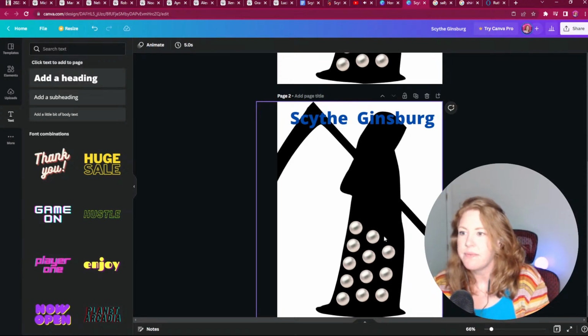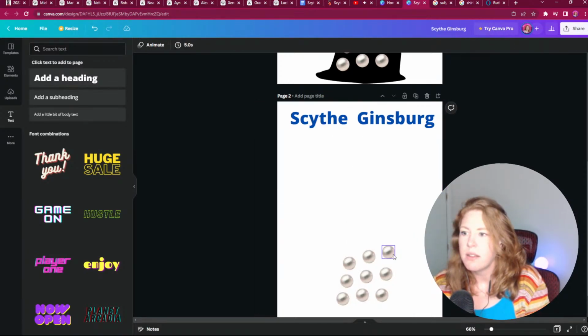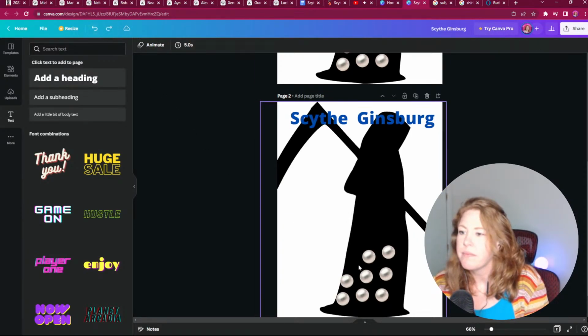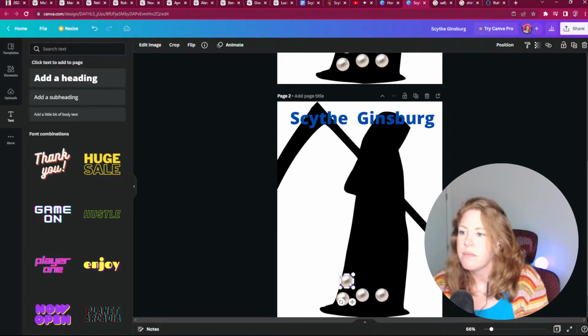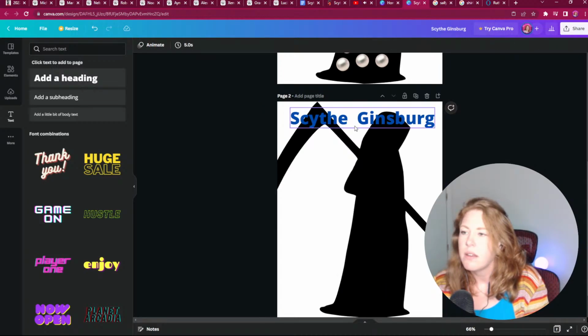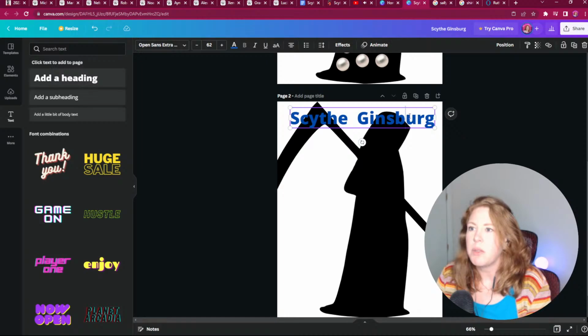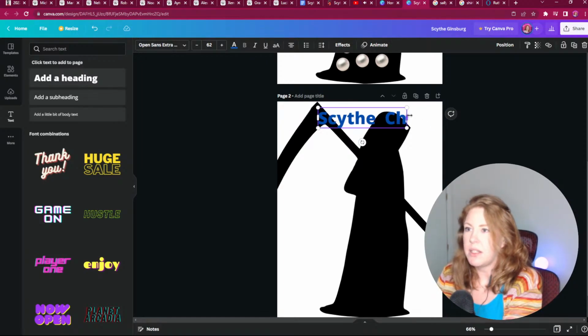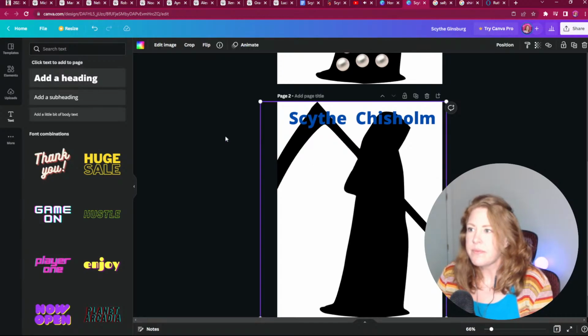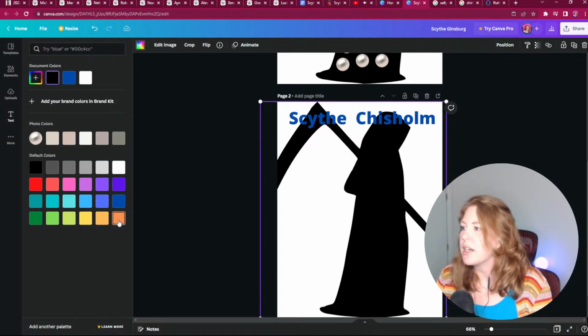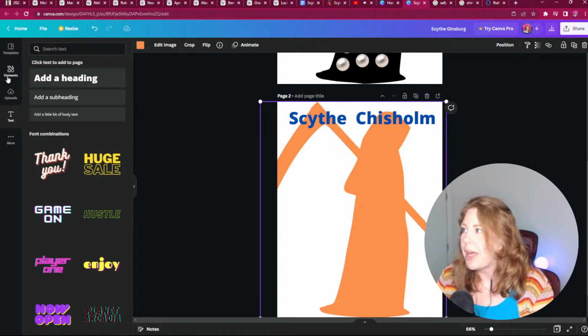I think I can. I'm gonna try something. This one's gonna be for Chisholm. This is gonna be Scythe Chisholm. And we're gonna make her robe color orange, but I'm gonna make it have a pattern.